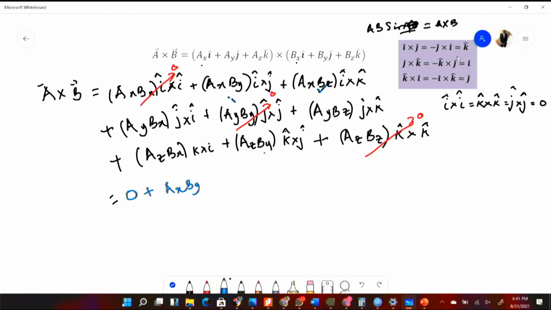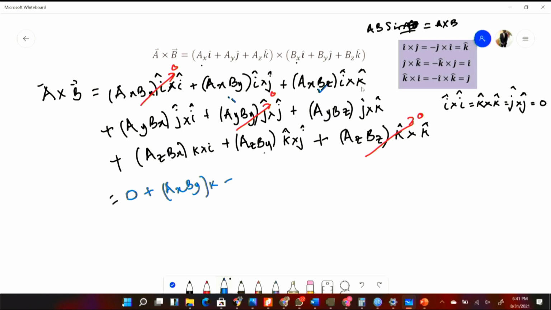I cross J is equal to K. So we have K here. Then plus, what is AX BZ? I cross K, which is equal to minus J. So that means we can't have plus here. We are going to have minus here because of I cross K.